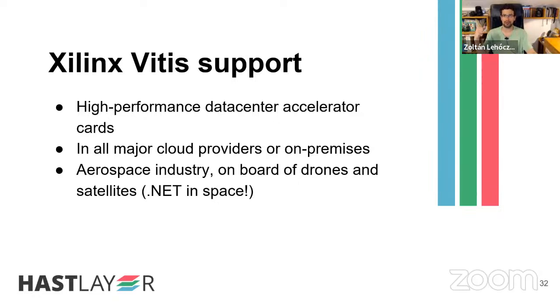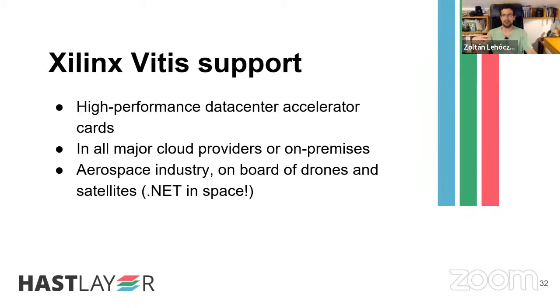availability of cloud options. How this is possible is that we support, with Hastlayer, something called Xilinx Vitis. Vitis is a toolbox of the FPGA manufacturer called Xilinx, and we are using FPGAs of the manufacturer Xilinx here.